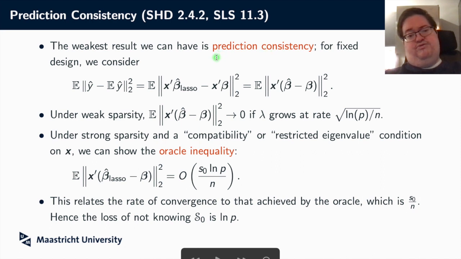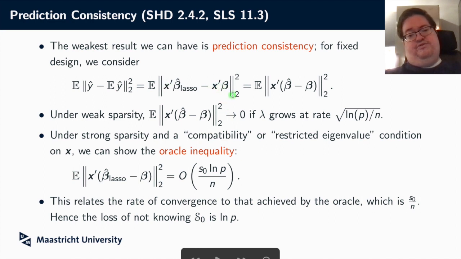Predictions are x prime beta hat, if we want to predict y. We're going to compare that prediction to the mean of a prediction, because this is the best we can do. We're not going to compare it directly to y, because we know there's always an error term. We only want the mean part that we can predict, so x prime beta.